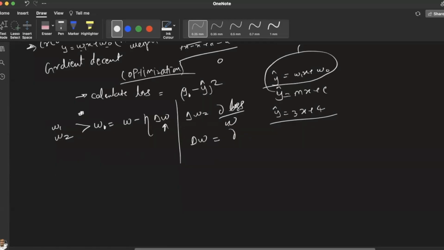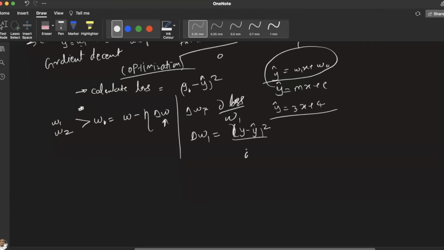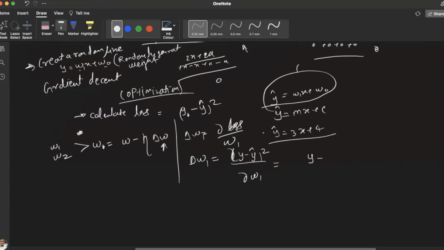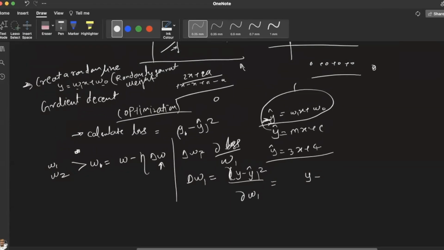Let's say you are doing it for W1. Del of loss over del W1 will be y minus y hat square divided by del of W1, right? Now what is the formula of y hat? Y hat is nothing but W1 x and W0.